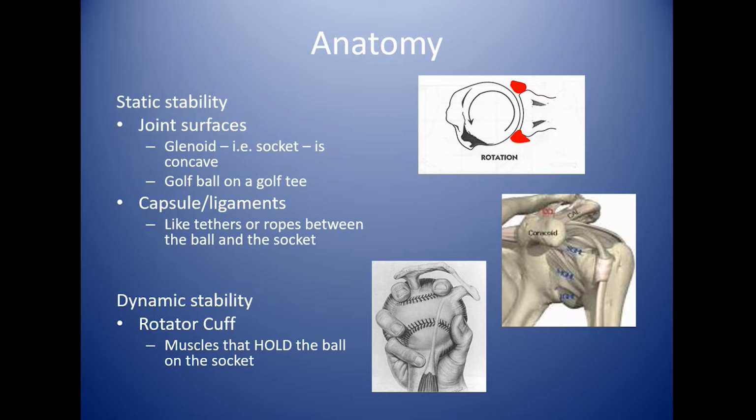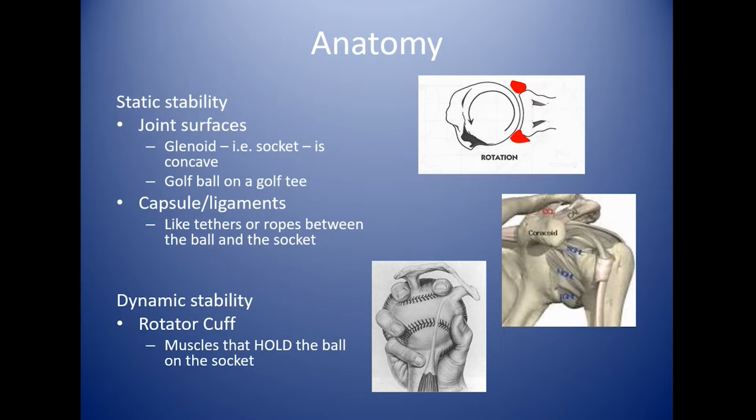The joint surface itself provides a little bit of concavity, or a little bit of a socket, but there's also what we call the labrum, which popped up in red there. It's essentially a rim around the edge of the socket. It's something you don't see on an x-ray because it's not made out of bone, but it's more stout than the capsule and the ligaments around the shoulder. So that provides a little more of a concave surface for the ball to fit into.